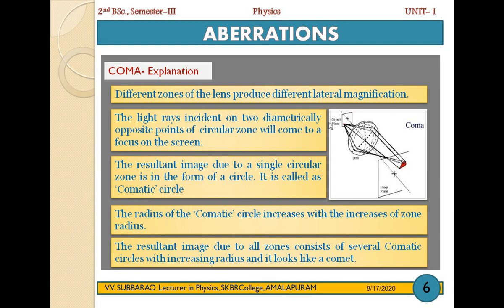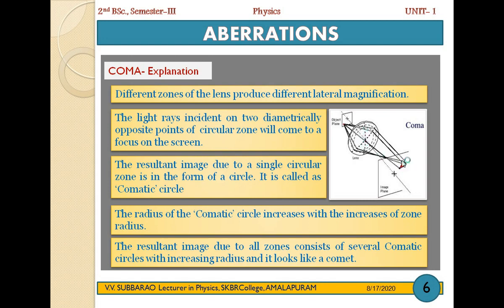The light rays incident on two diametrically opposite points of a circular zone will come to a focus on the screen. Suppose the aperture of the lens is divided up into a number of circular zones. This is a circular zone, and this is the diameter of the zone. The light rays incident on the opposite points of a circular zone will be focused to a point on the screen.